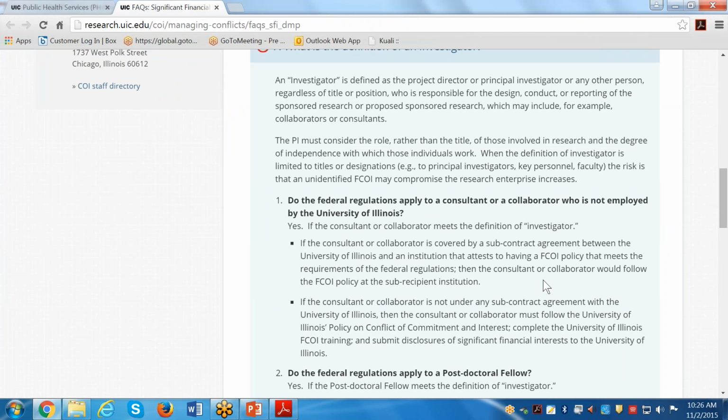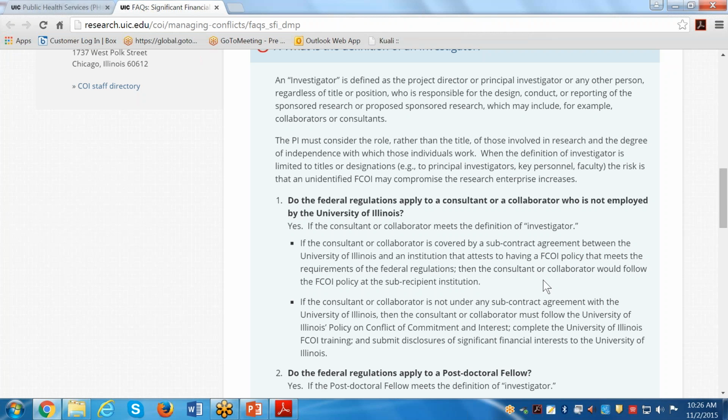So again, the emphasis is: don't just focus on what role you're calling this person an investigator, so that that's the only person who's an investigator. The definition of the PHS 2011 Regulation on Financial Conflict of Interest is much broader than just the word investigator.